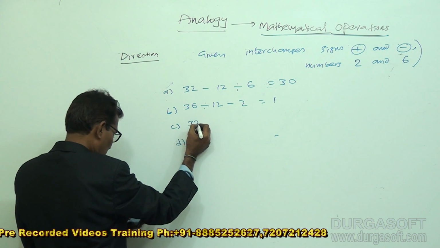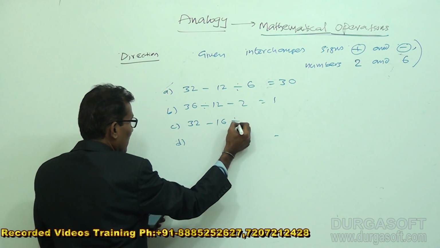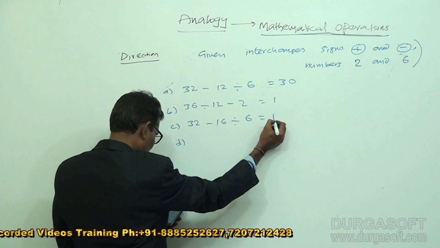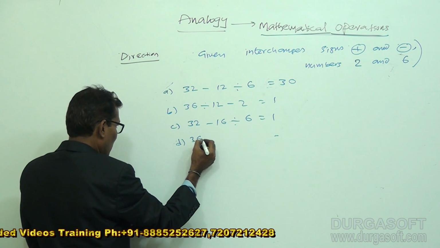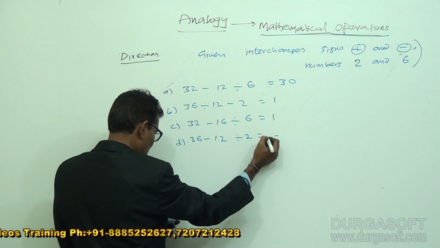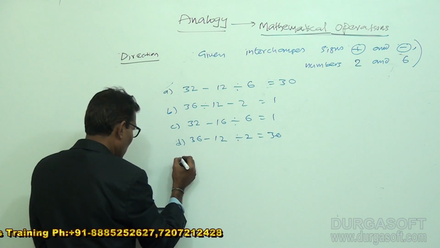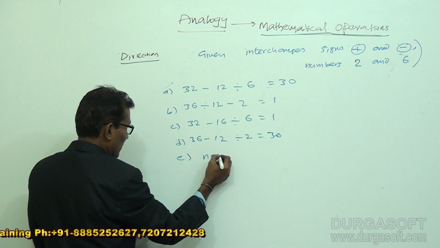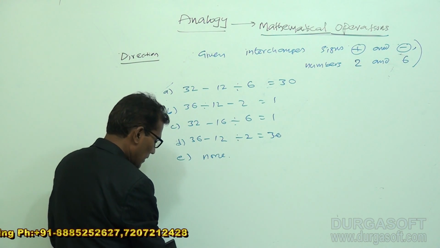Option C, 32 minus 16 divided by 6 is equal to 1. Option D, 36 minus 12 divided by 2 is equal to 30. Option E, none. So this is our given question.